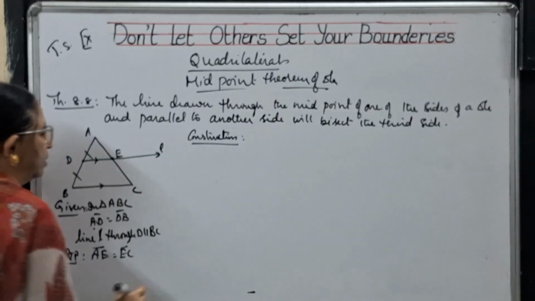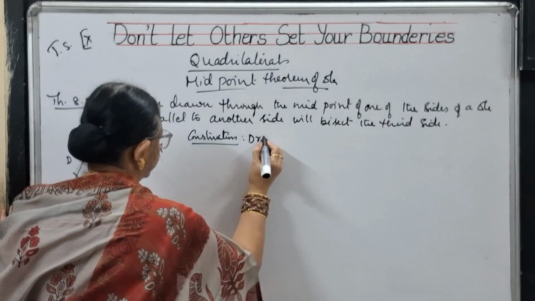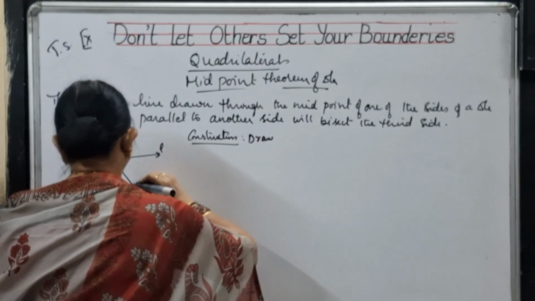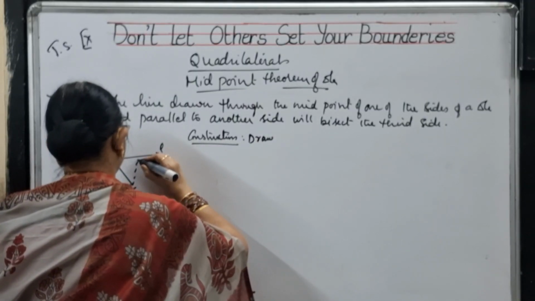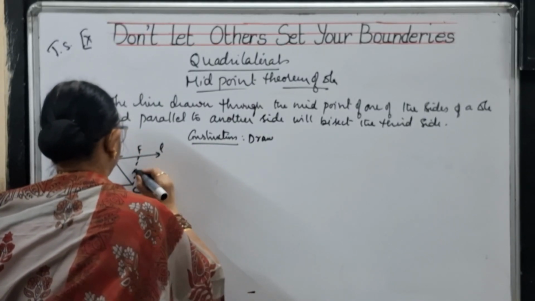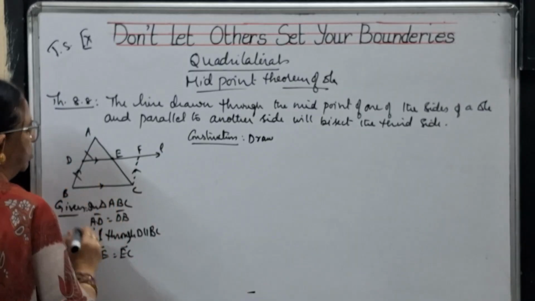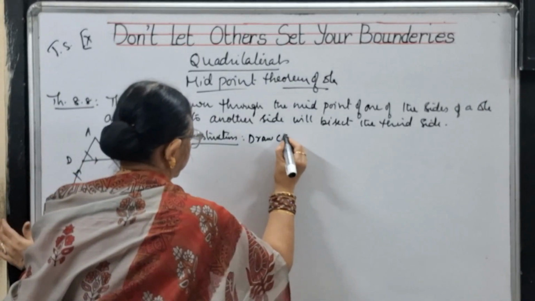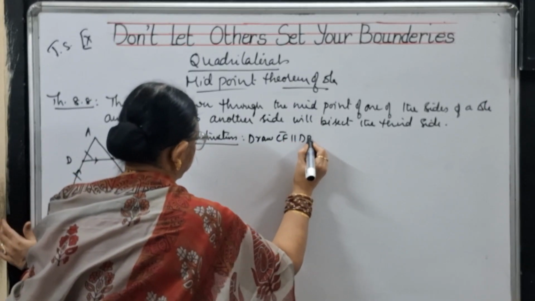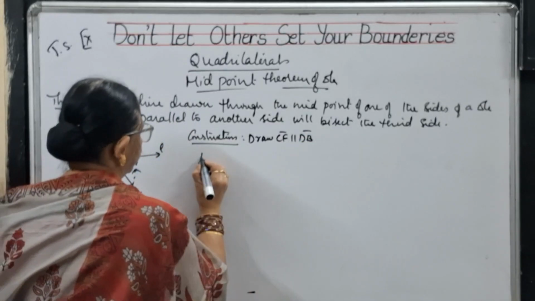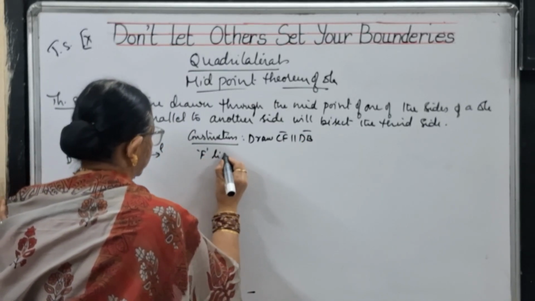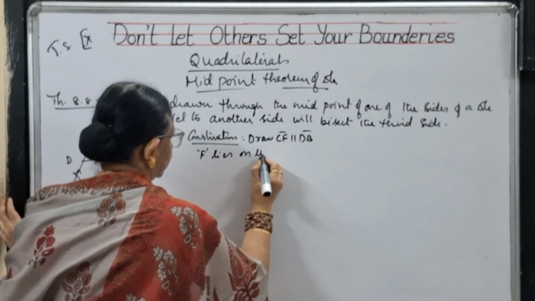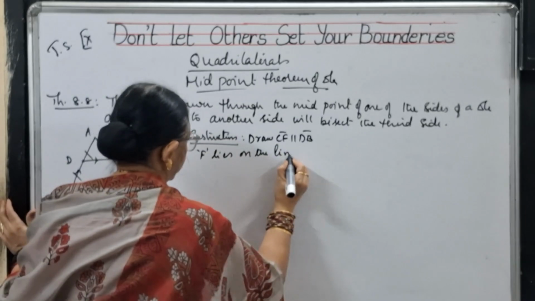Now construction, draw CF parallel to DB. CF parallel to DB. F lies on the line L.